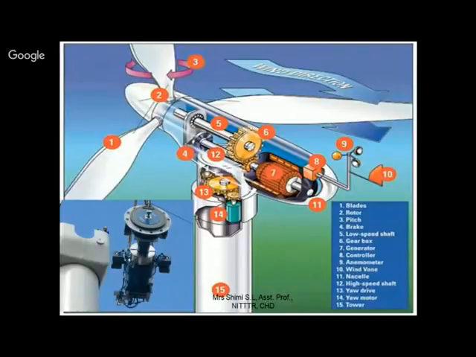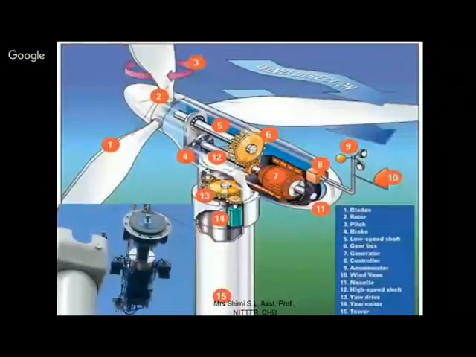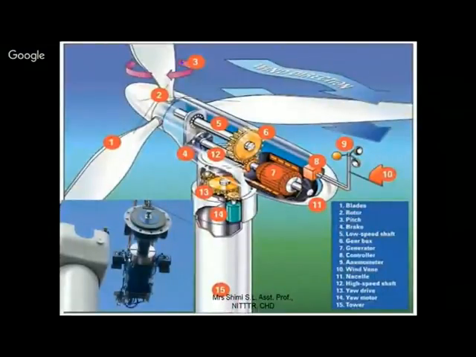The blade direction can also change, as you can see here. This is the pitch we say. We can change the pitch direction. At the same time, the yaw can also change depending on the wind's direction.